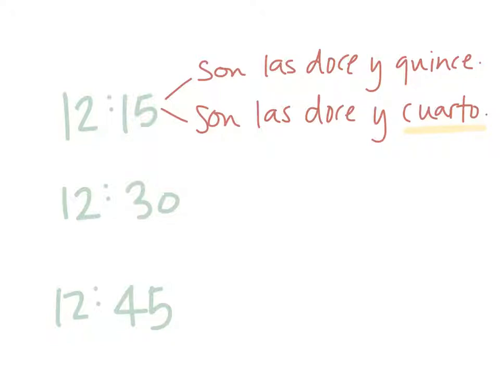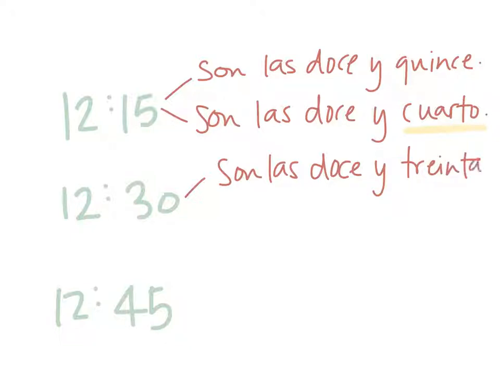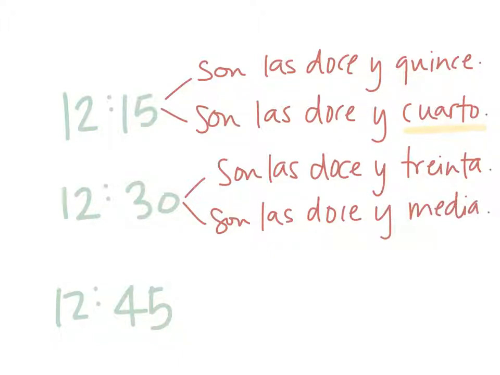All right, 12:30. You could say it the easy way. Son las 12 y 30. Okay, or you could say it's half past 12. So that would be son las 12 y media. So this word at the end, media, that's like saying half.